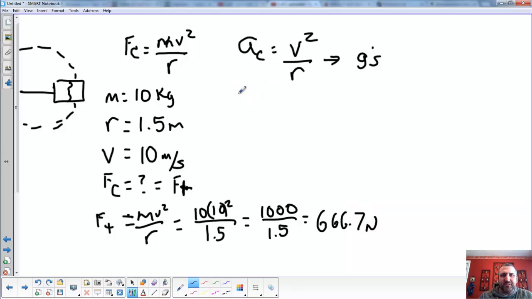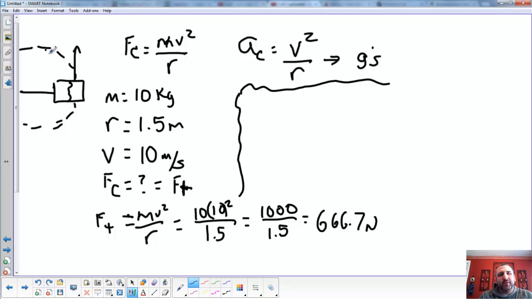So that's piece one. And then the other question is, well, if I do this, how many G's would that water be feeling? And we can ask that because, remember, we've got a normal force going, we got the string making a force towards the middle, but also the water wants to travel tangentially.